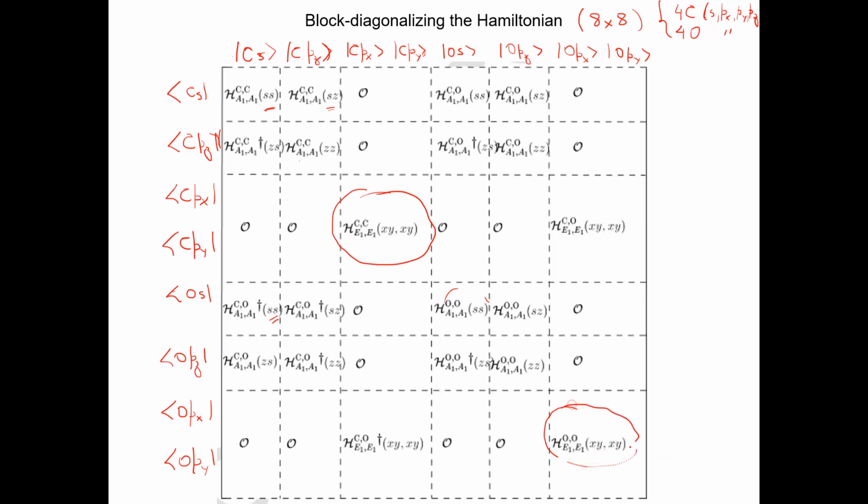I can also notice that these matrix elements are non-zero, meaning that these two blocks are also going to mix. So this is telling me that this is probably not the best choice of rows and columns to write the Hamiltonian in a block diagonal form. There is a better choice of rows and columns, which is the following.